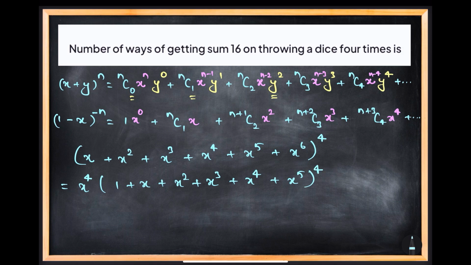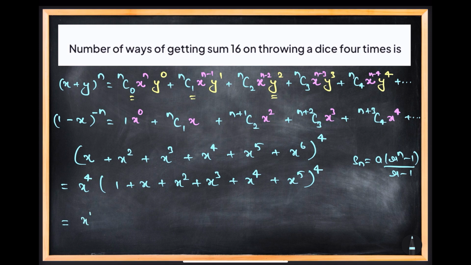Now if you observe, these things are in GP, and you know the sum of n terms of a GP is a(r power n minus 1) by (r minus 1), where a is the first term, r is the common ratio, next term by first term, and n is the number of terms. So let's rewrite things.